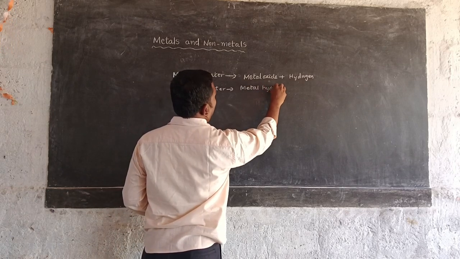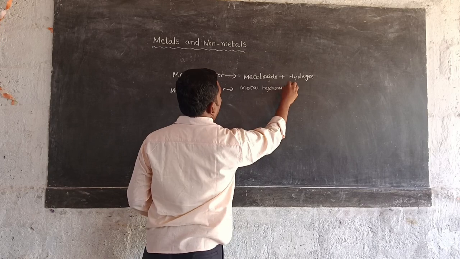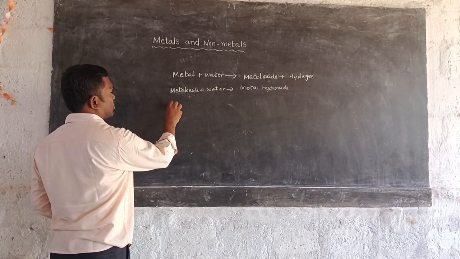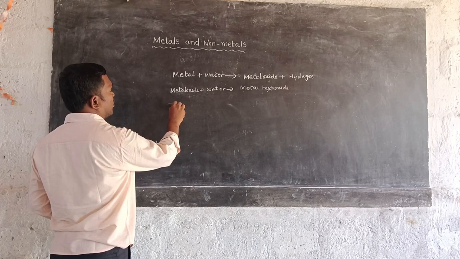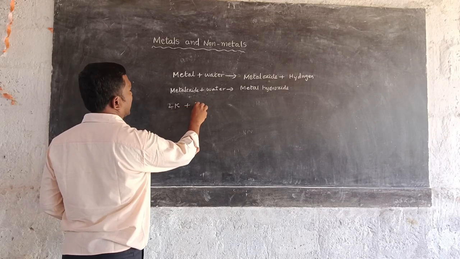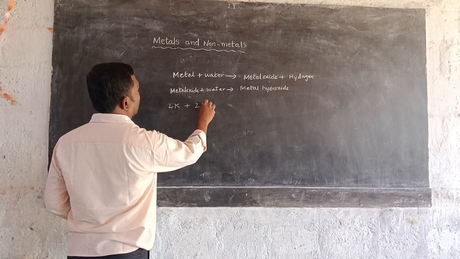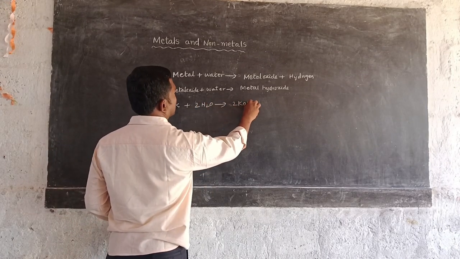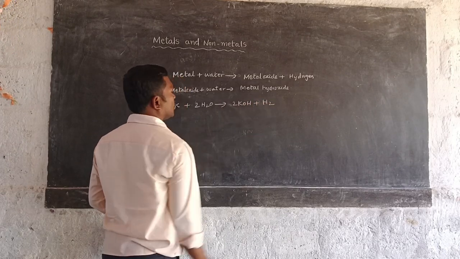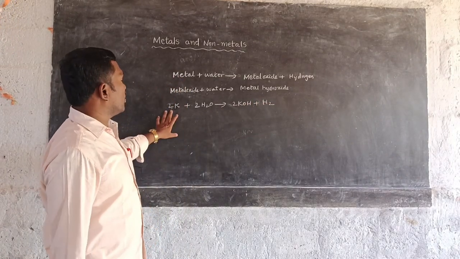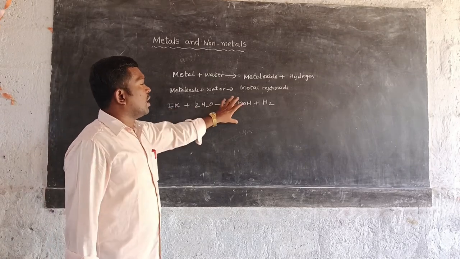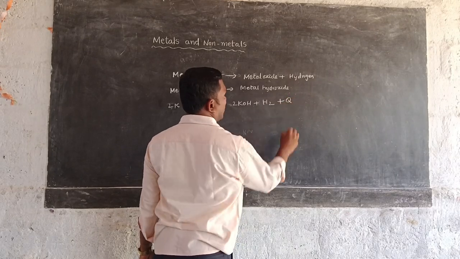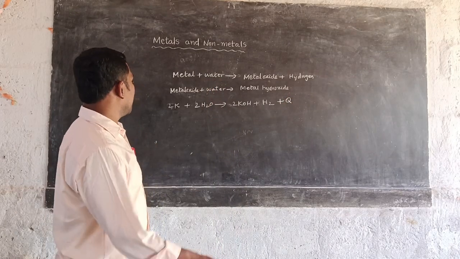Take potassium: 2K plus 2H2O gives 2KOH plus H2. So potassium reacts with water to give hydroxide and hydrogen gas, and some heat energy is also evolved, so this is an exothermic reaction.